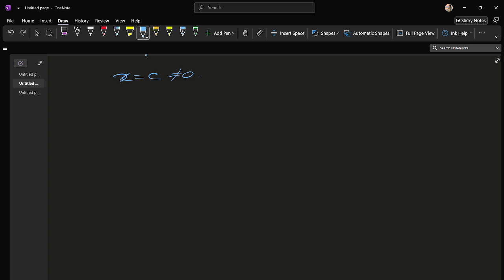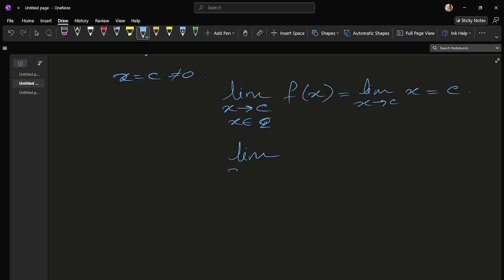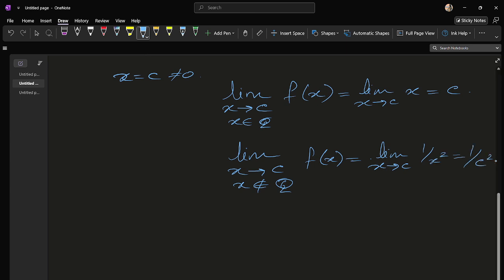In that case, the limit as x tends to c, where x is a rational number, of f(x) will be the limit of x, which equals c. We know that. Now the limit as x tends to c, where x is not a rational number, of f(x) will be the limit of 1 by x square, which equals 1 by c square.